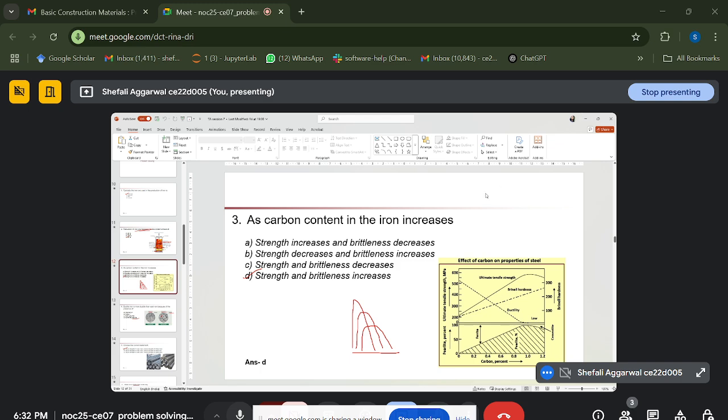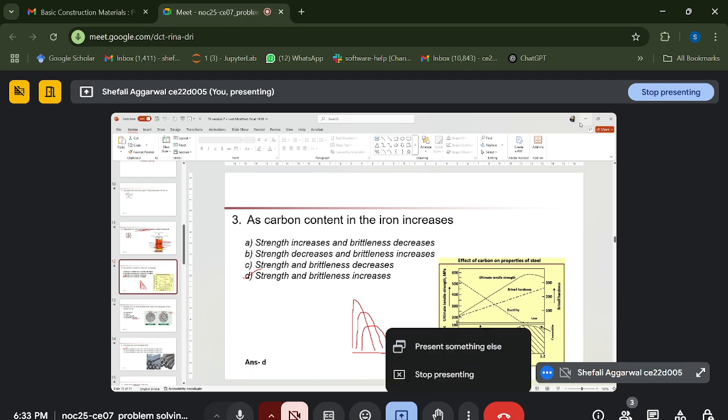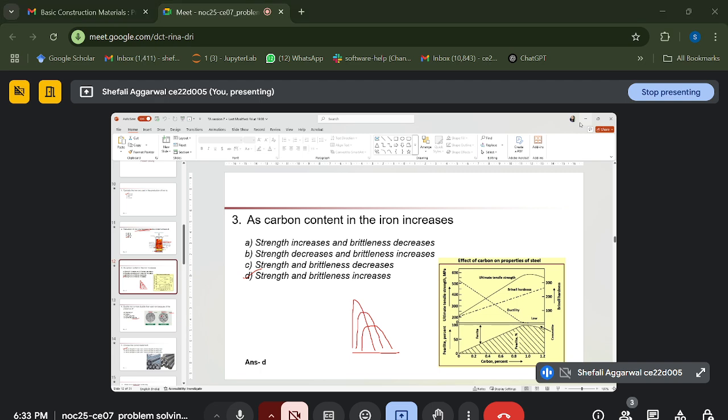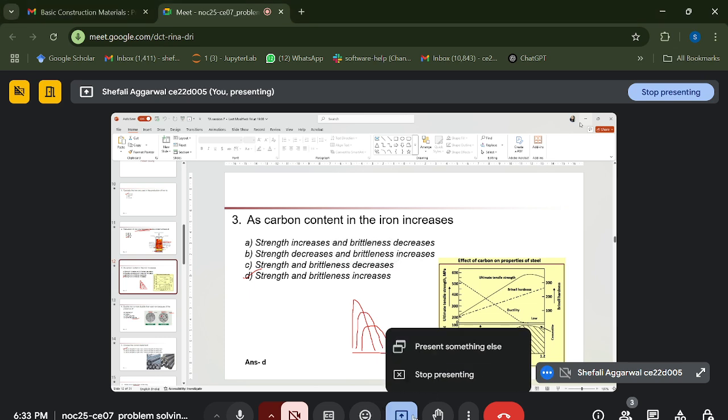Ma'am, one more doubt. You said coating will be done for ribbed bars, right? Can we do it for unribbed bars, I mean plain bars? It can be done, but usually we won't use plain rebars on a construction site.